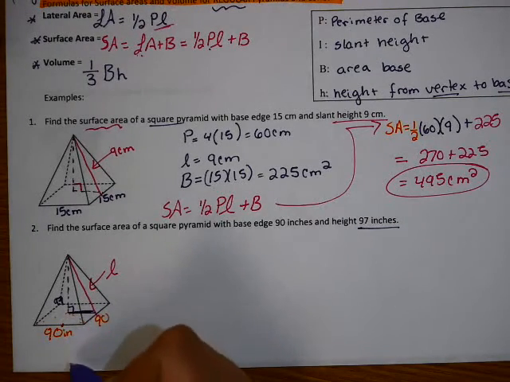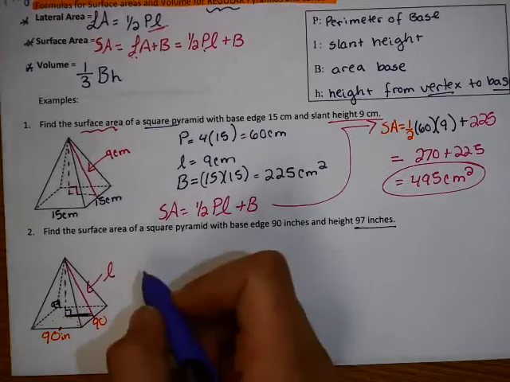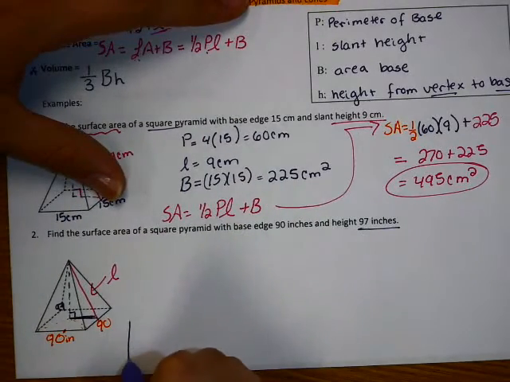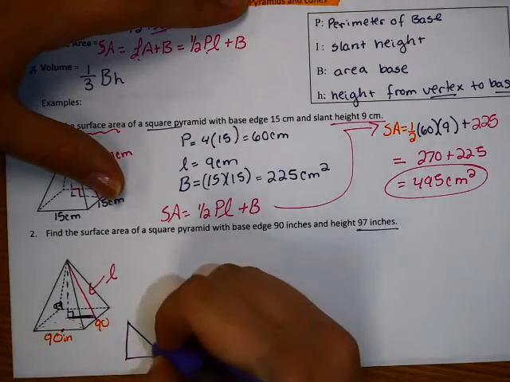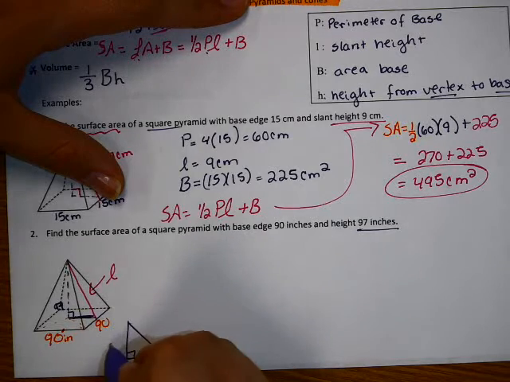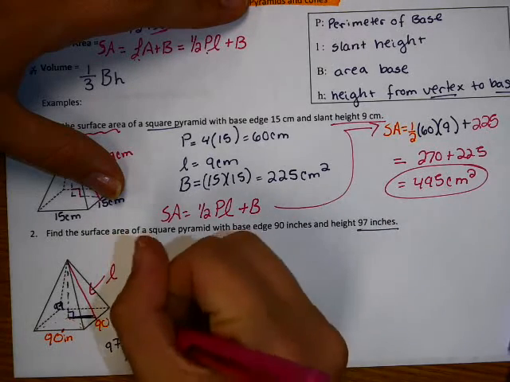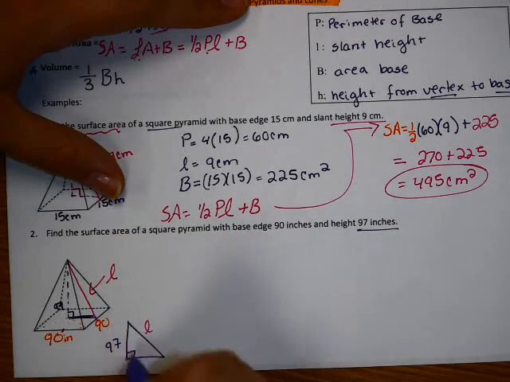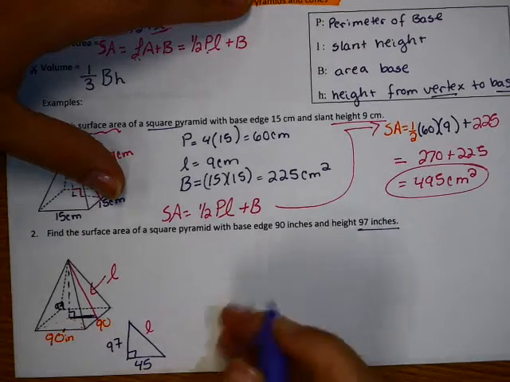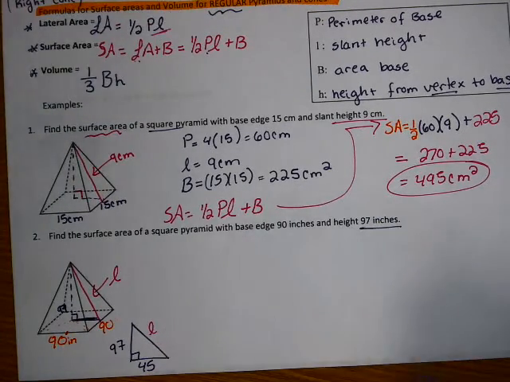This part is half of 90. So if I draw in this triangle, we know the height is 97, we are trying to find the slant height, and we know this is 45. So what do we use? The Pythagorean theorem.